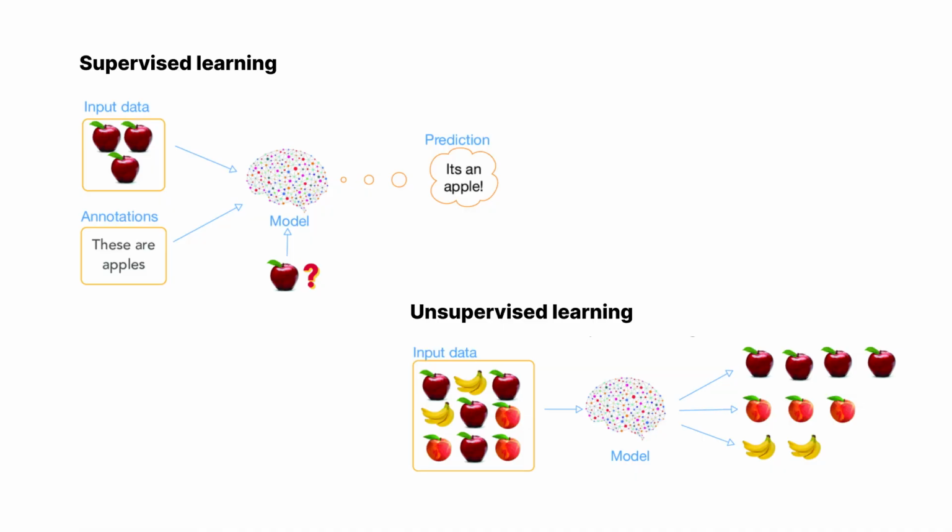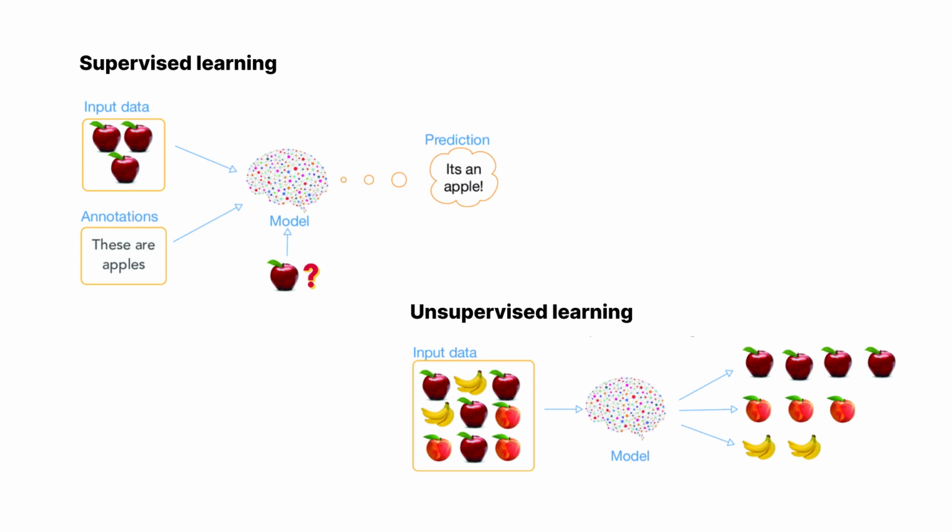In the case of unsupervised learning, you don't tell your model that this is apple. Actually, you just feed a lot of images of different fruits or whatever to your model, and your model will be able to cluster these images. So it will be able to understand that these images look similar and these images look a little bit different.